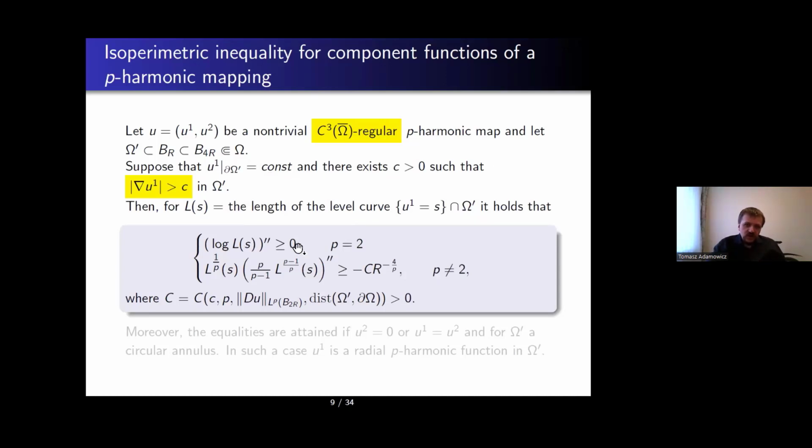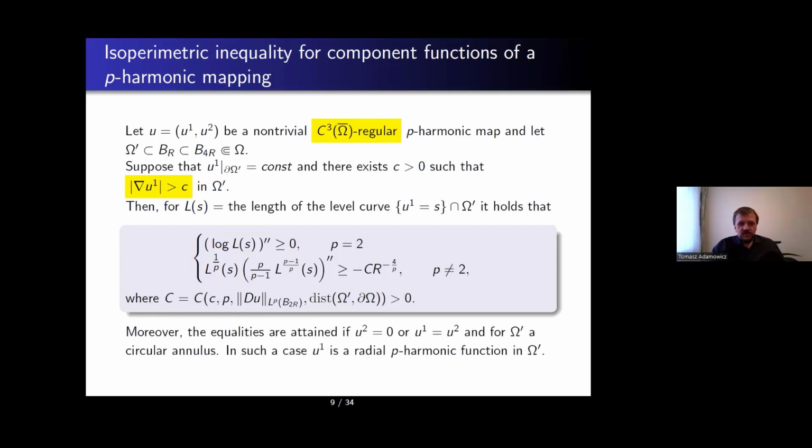the following inequality for p equal to 2, which is the same as for harmonic functions. If p is not equal to 2, we have a slight modification of what Longinetti proved, with constant c depending on the L^p norm of the differential.